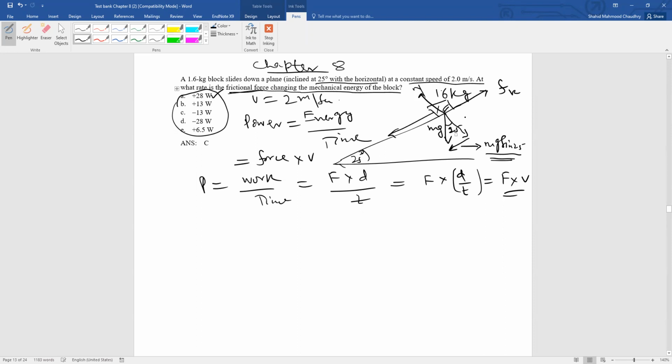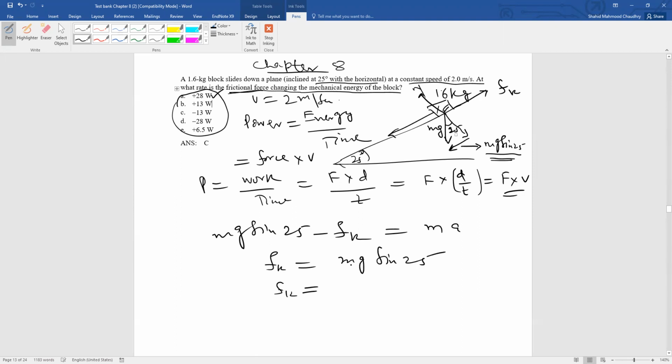So here we will write that mg sine of 25 minus f_k is equal to ma. This is the net force. Here the speed is constant, so that's why the net force is 0. So we will write f_k is equal to mg sine of 25.